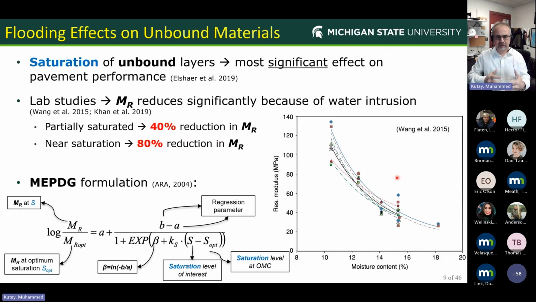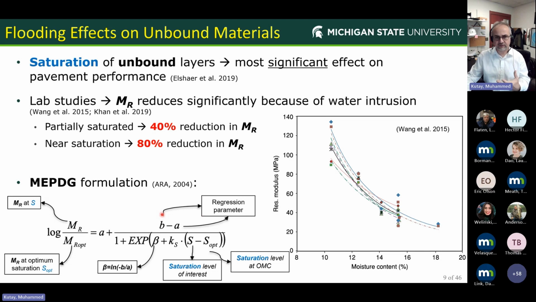If you look at the mechanistic methods, such as MEPDG, the impact of moisture on the layer properties is very well established, and there are equations inside MEPDG that can modify the resilient modulus depending on the moisture conditions.